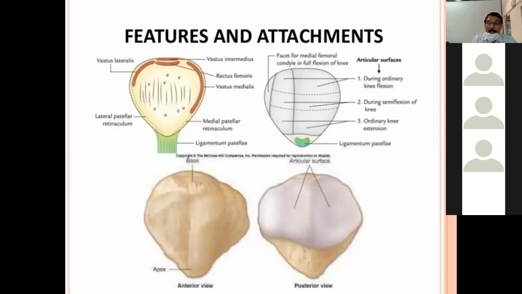Grossly, at the inferior part you have the ligamentum patellae going downwards to get attached to the tibial tuberosity of the tibia. Superiorly we have the attachment of the quadriceps tendon. This upper part is mostly tendinous in nature.